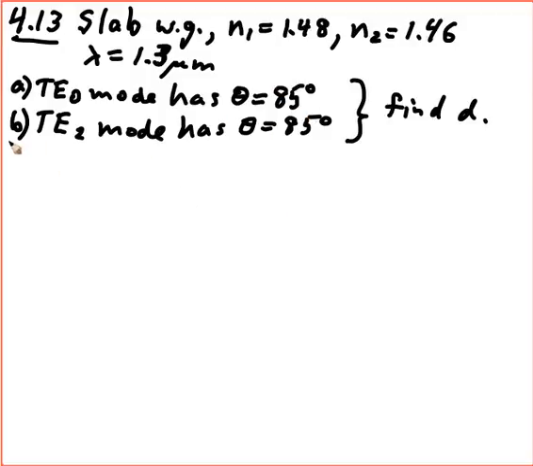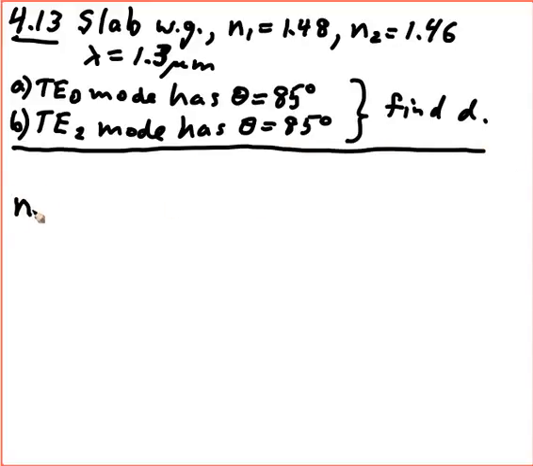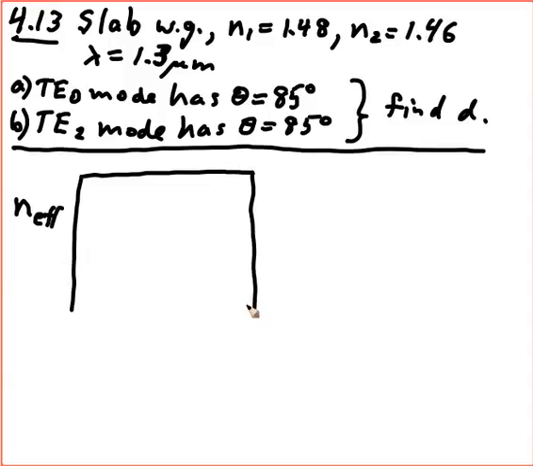And so I'm going to start off by drawing a picture of an effective index versus the ratio d by lambda. Let's see if I can draw it here. Okay, so this is d by lambda starting at 0.